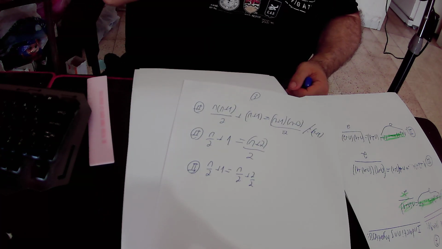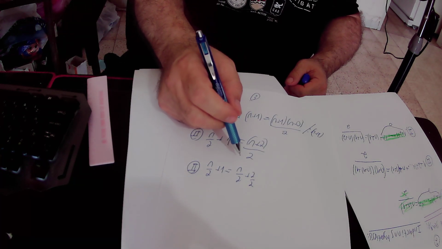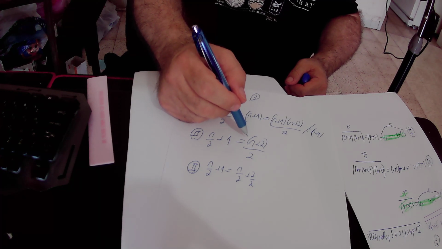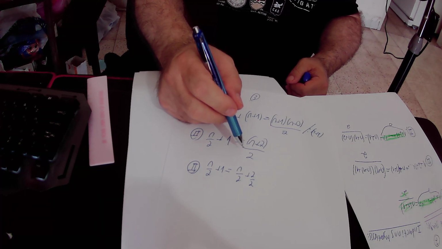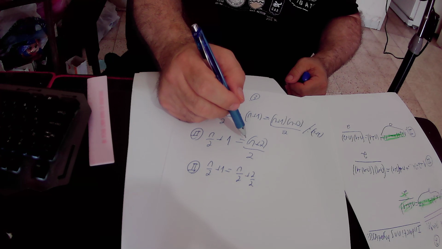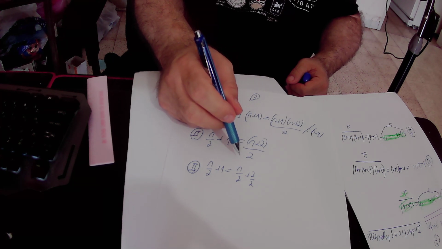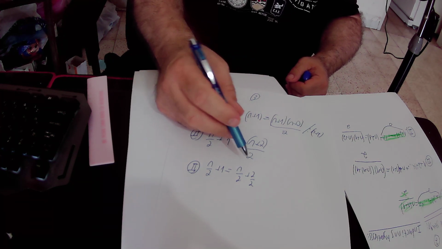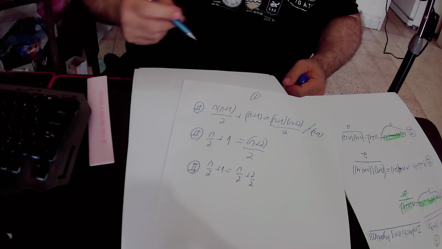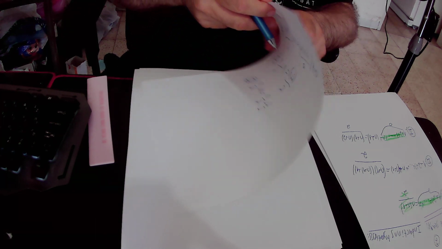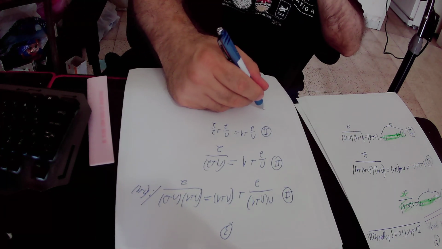So after we divide this expression by 2, we get that n plus 2 divided by 2 is n divided by 2 plus 2 divided by 2, and 2 divided by 2 is 1, so we will write it down.